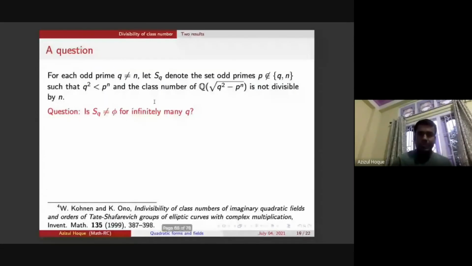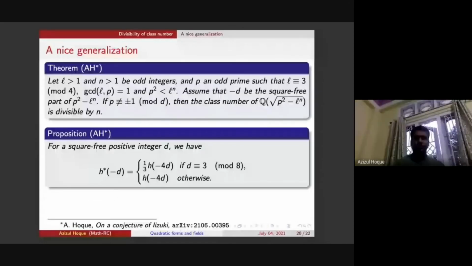So basically, I'm removing this one. This is a nice generalization here. I'm allowing this L to be any integer. So I'm taking here L congruent to 3 mod 4, but I can allow this L to be any integer. And for that, I'm okay.